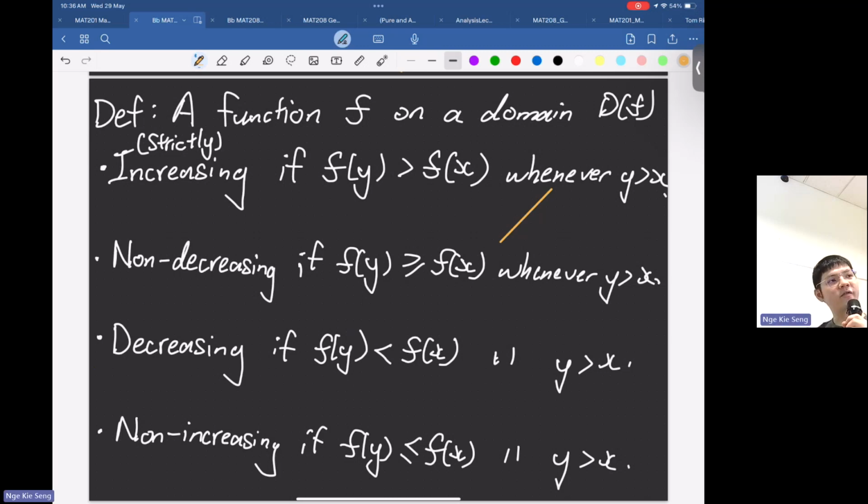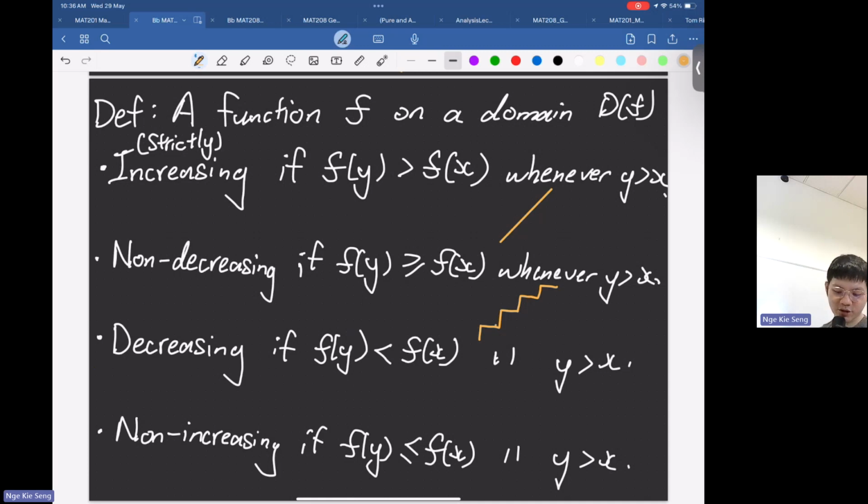This one is more suitable for the OKU person, right? You can pull the wheelchair up. But for non-decreasing, it is the one where you need to walk up the staircase.